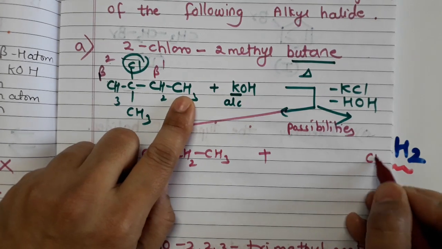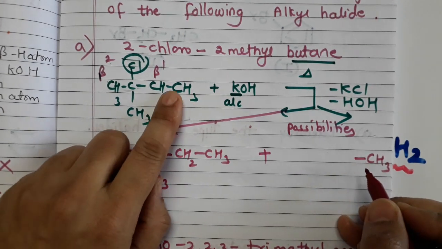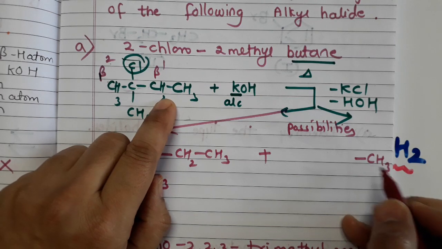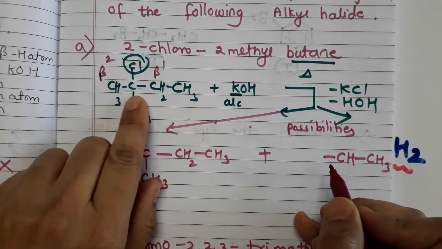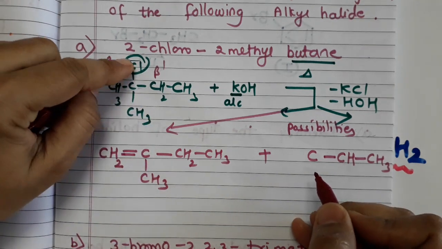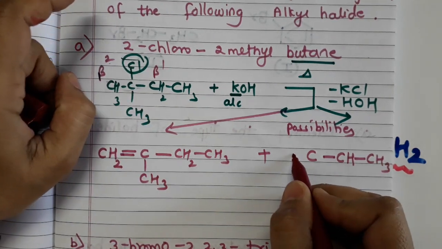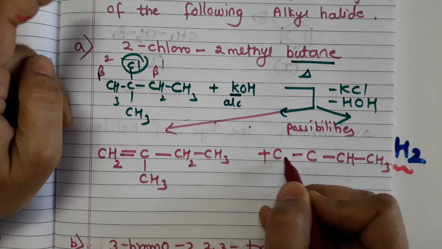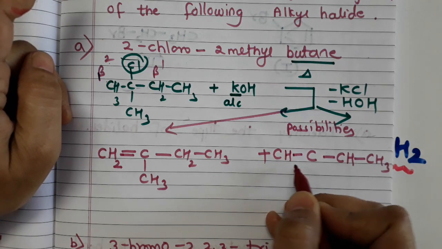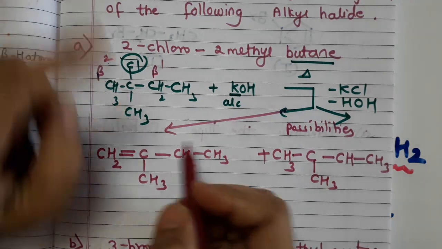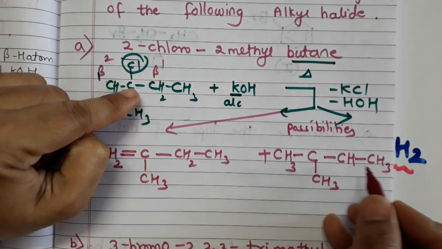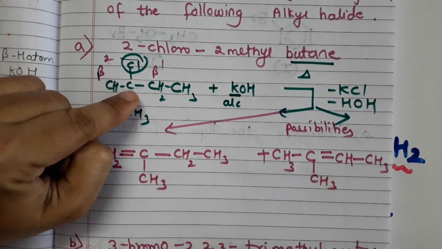So I write like this, CH3. One H is coming out, so I will write CH, then single bond carbon, chlorine has already come out, so I will write here CH3 and here CH3. Now here Cl has come out, so I will be getting a double bond over here.